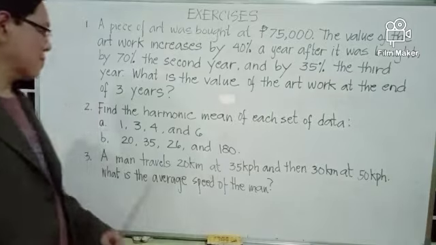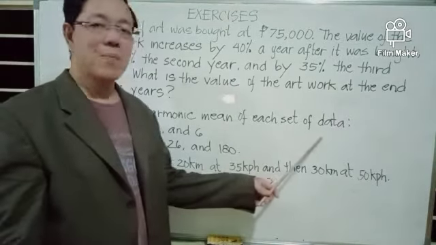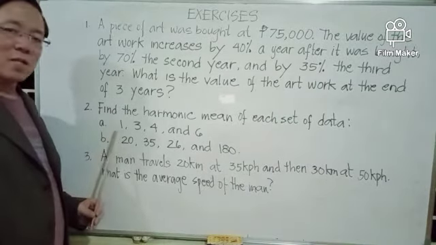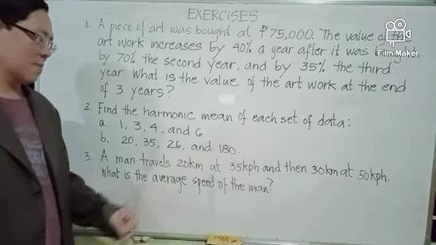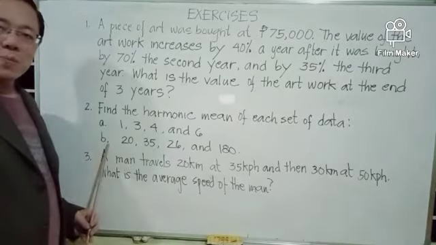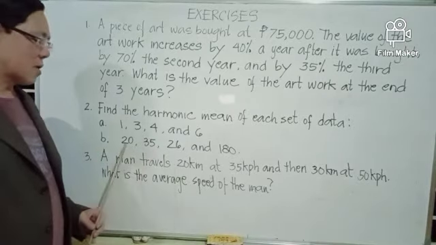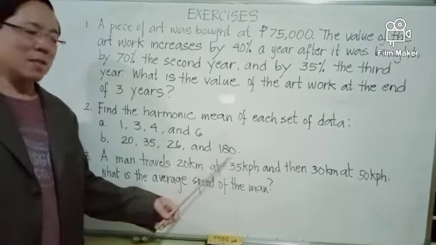Number 2, find the harmonic mean of each set of data. Letter A, the set of data consists of numbers 1, 3, 4, and 6. In letter B, the set of data has 20, 35, 26, and 180.